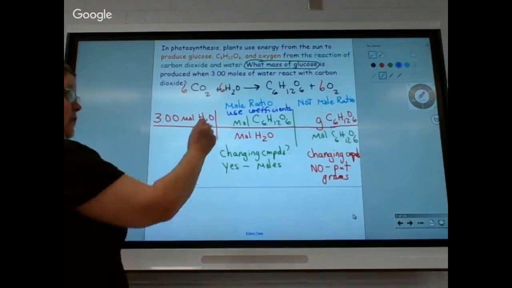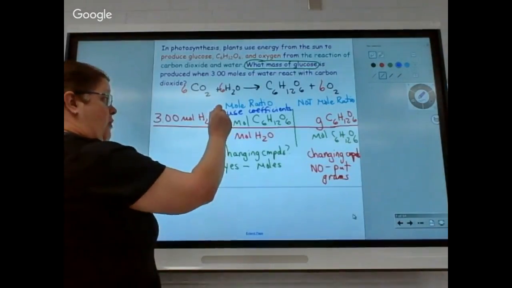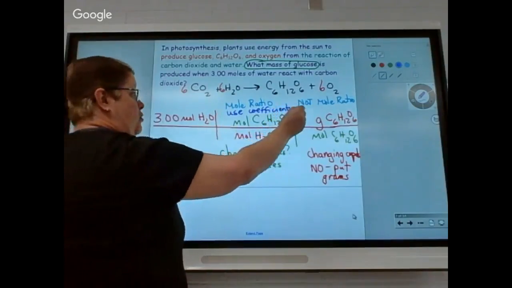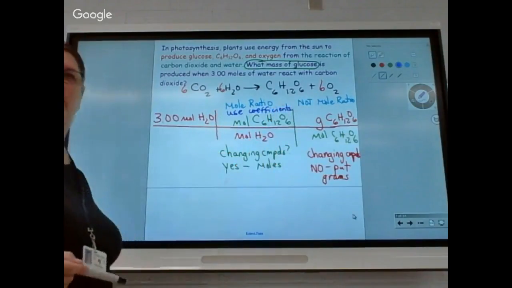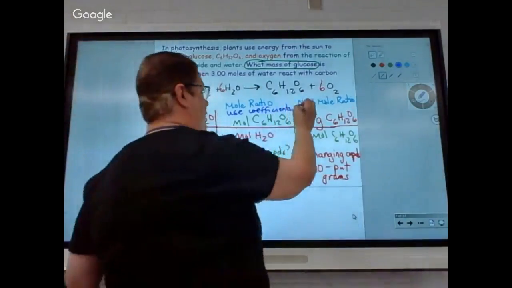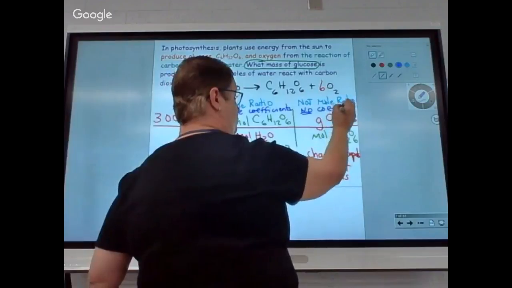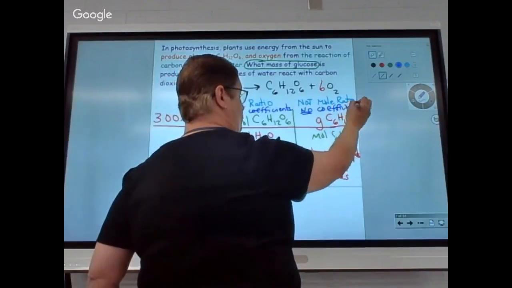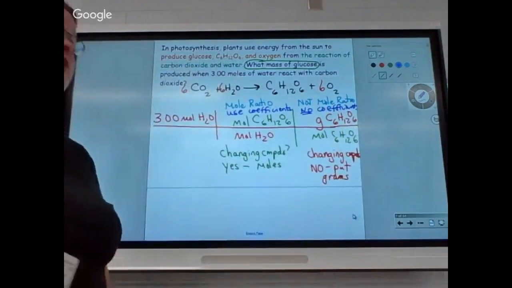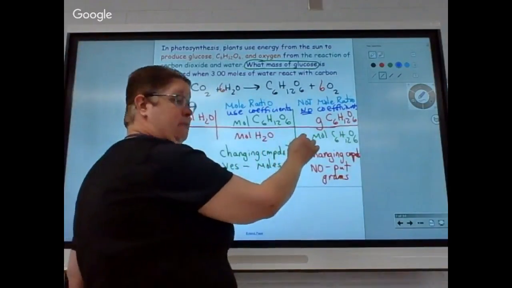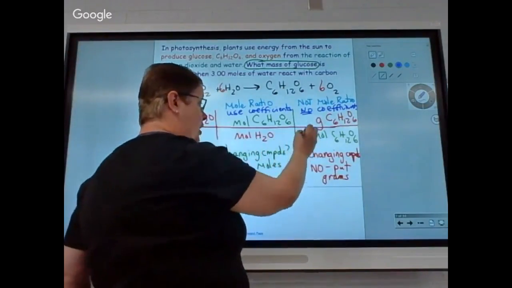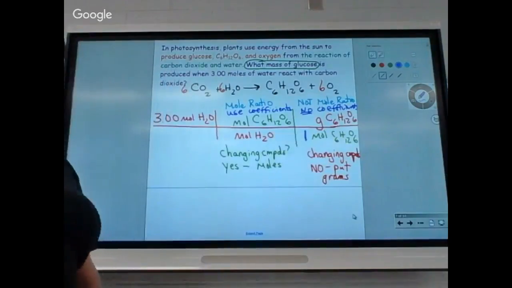Now, if this is my mole ratio and I use coefficients here, do I use coefficients here when it's not a mole ratio? No. Okay? There are no coefficients here. Okay? None. This mole always gets a what? 1. Because that's the old conversion we've been doing since like week 3.